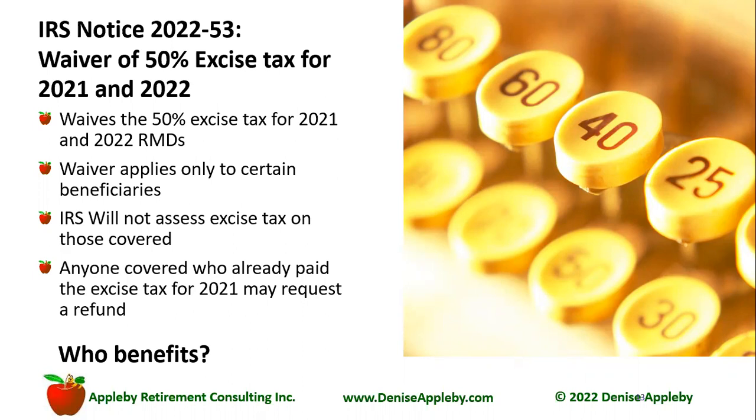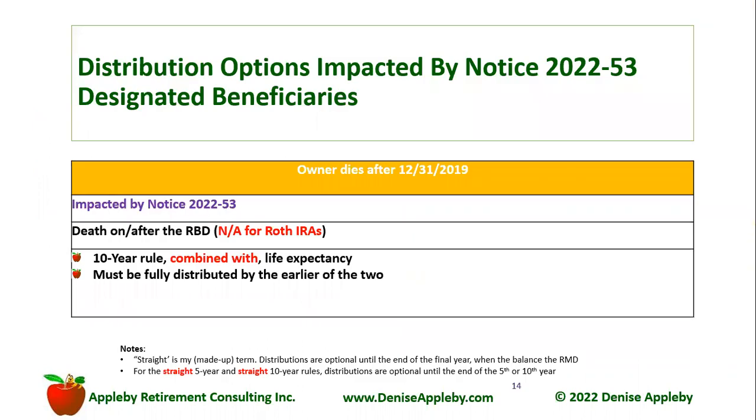But guess what? If the account owner died on or after the required beginning date, or if it's a successor beneficiary where the original beneficiary was taking distributions over the life expectancy method, then that beneficiary has to take annual RMDs. And as you can expect, there was an uproar, right?